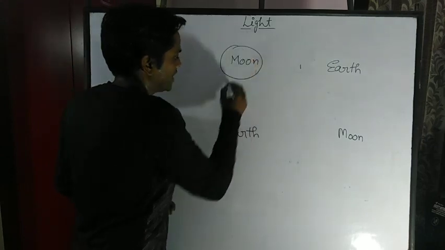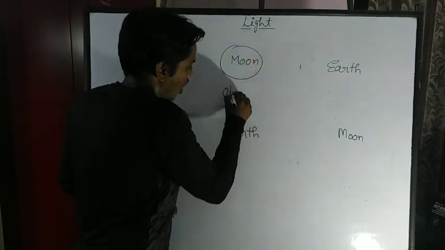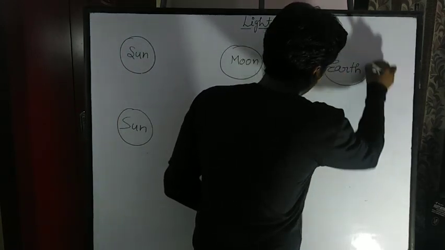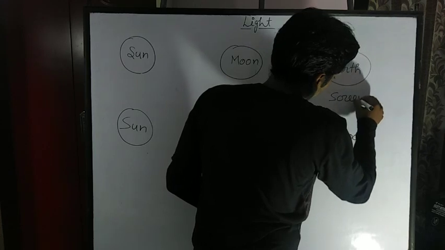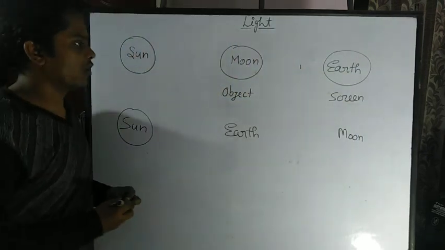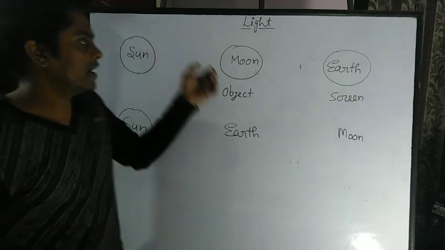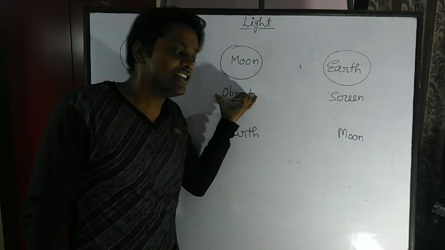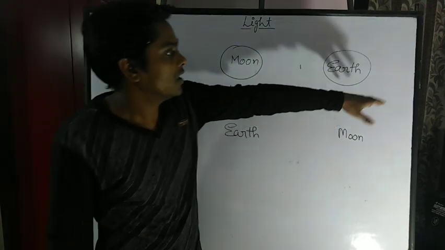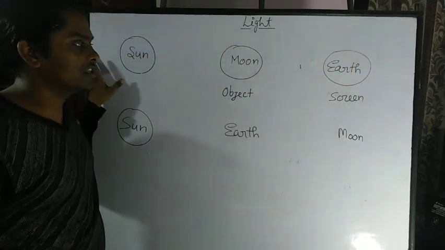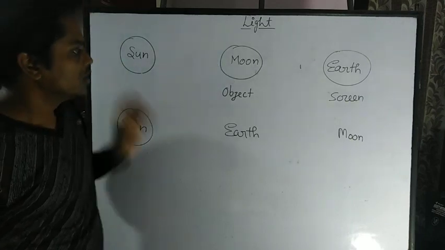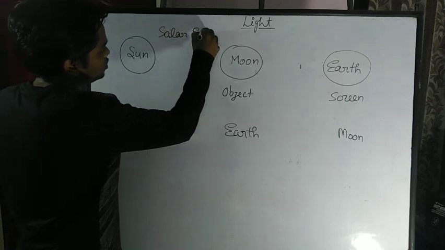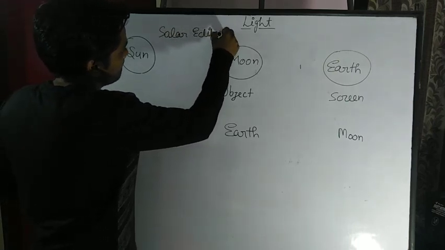So the moon is acting like an object and earth is acting like a screen. The moon is acting like an opaque object, and from the earth we are not observing the sun because of this opaque object. This phenomena is known as solar eclipse.